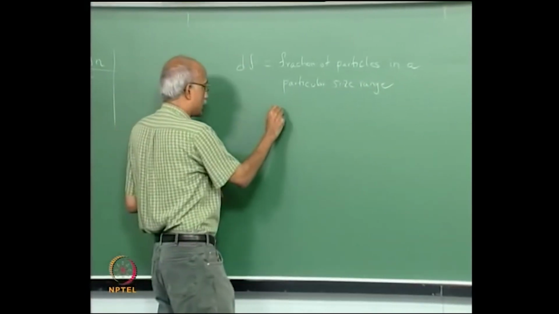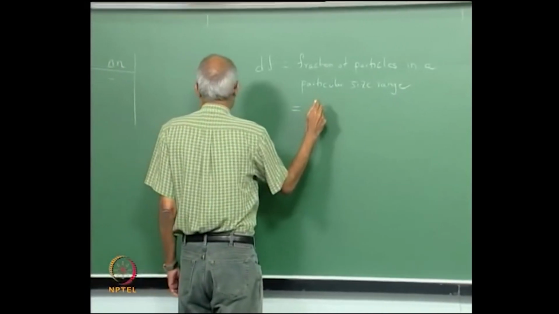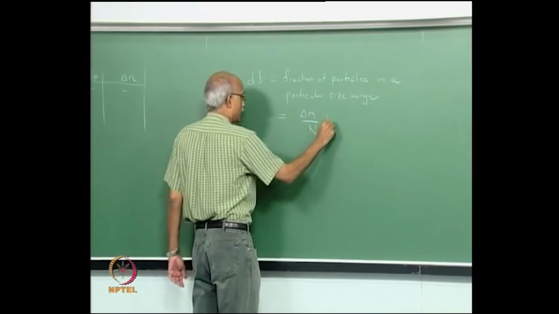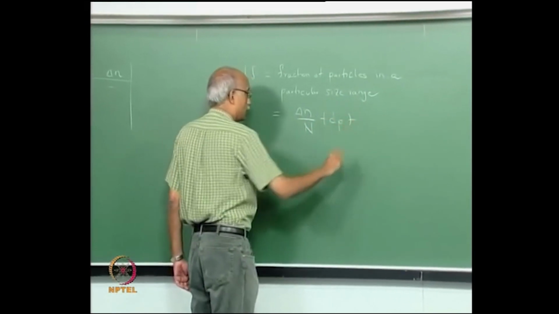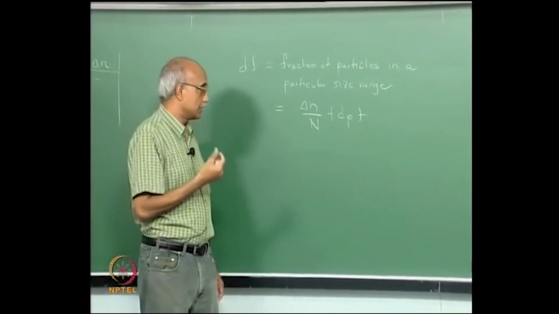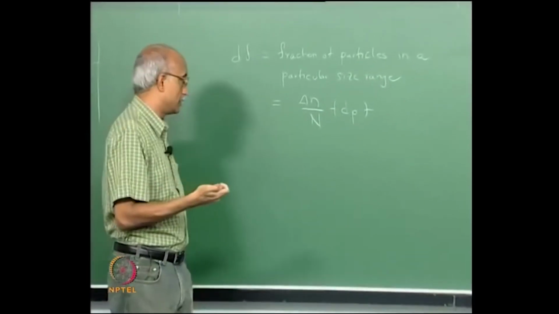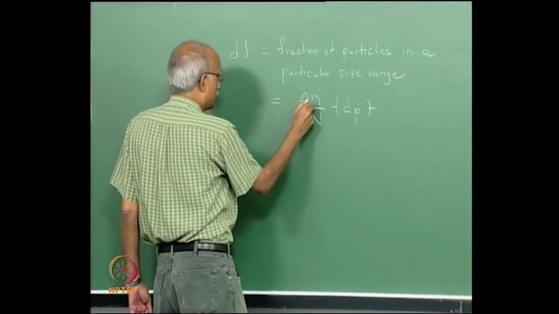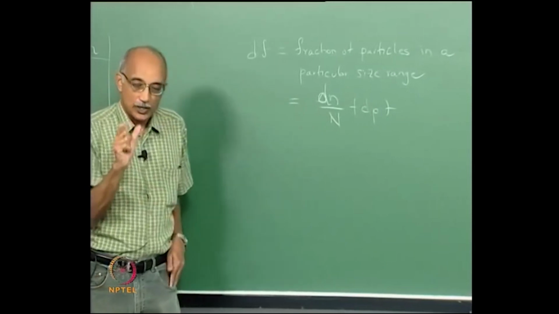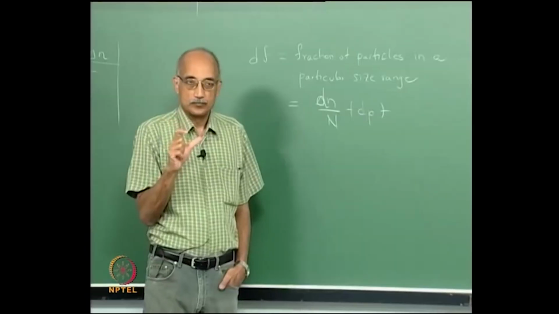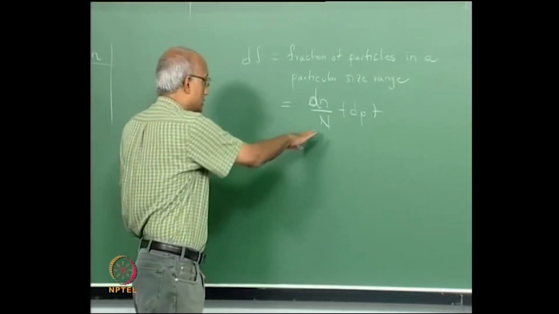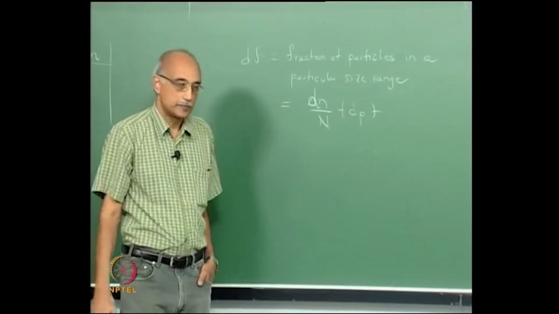So, you can look at this as delta n over n corresponding to any value of the particle diameter dp, where delta n, or you can even represent this in differential form as dn, corresponding to this differential channel between dp and dp plus ddp, divided by the total number of particles n.